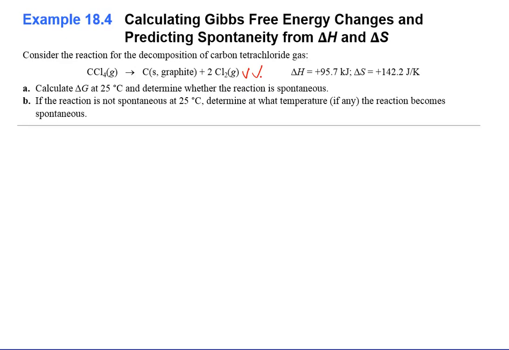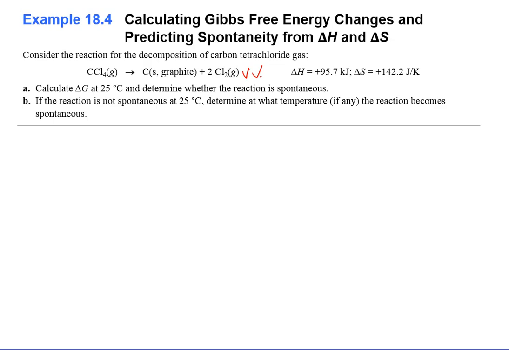We are required to calculate the delta G at 25 degrees Celsius and also find out if this reaction is spontaneous. And if the reaction is not spontaneous at that 25 degrees Celsius, we also want to determine the temperature at which this reaction will become spontaneous.